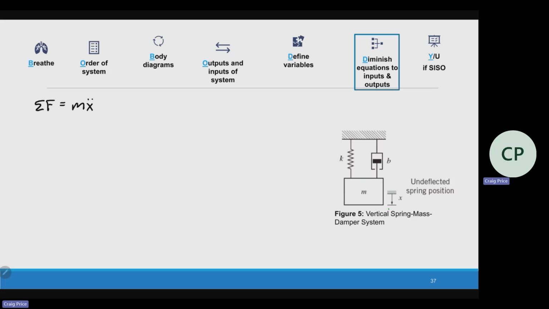Is that the weight? What is the definition of weight? Just mass times gravity. That's it. The weight is just mass times gravity.